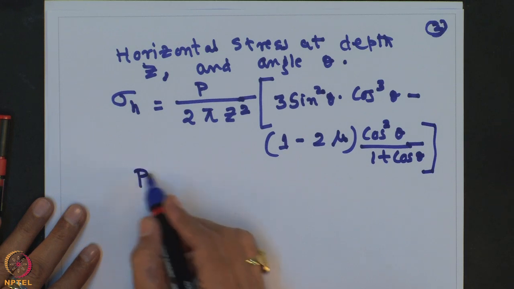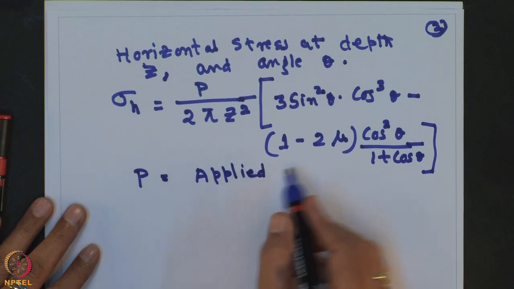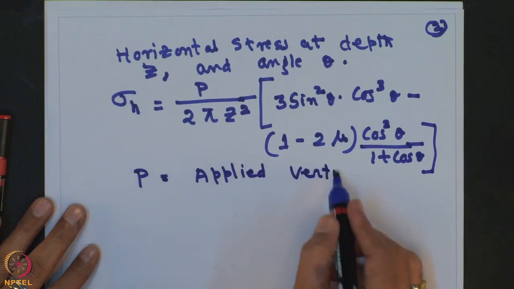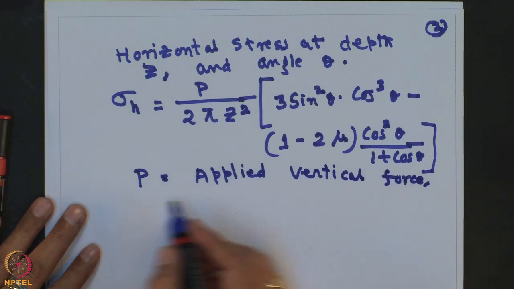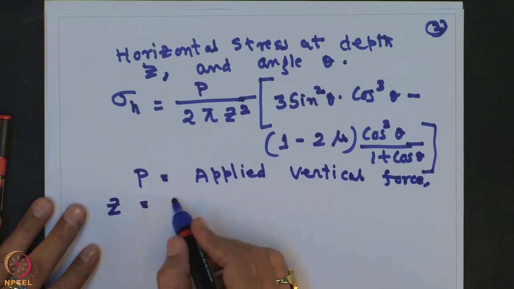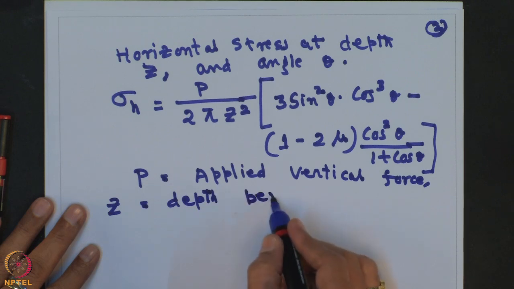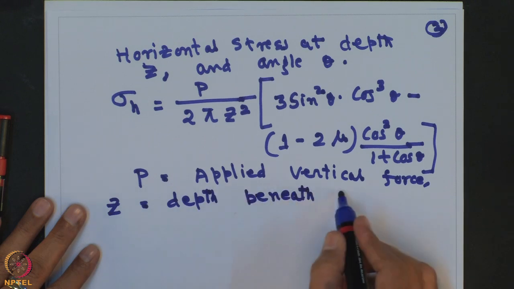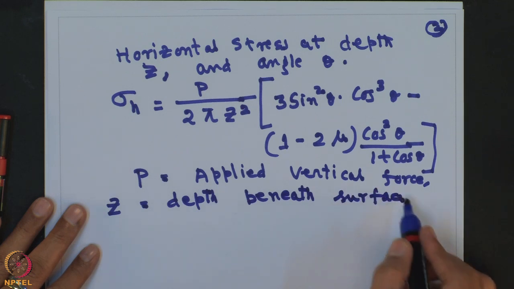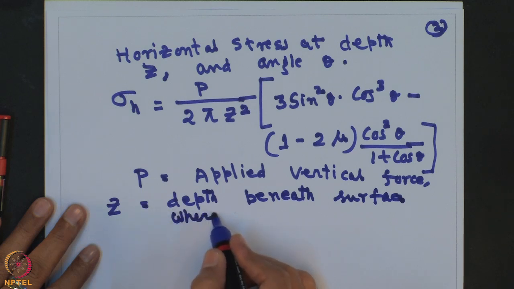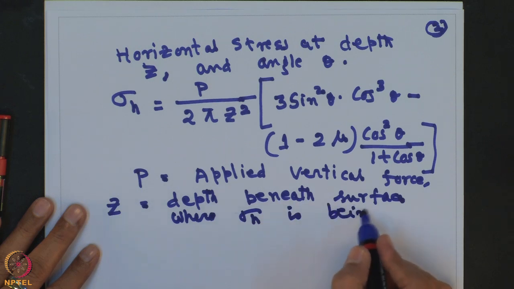where P is the applied vertical force, and Z is the depth beneath the surface where sigma h is being calculated.